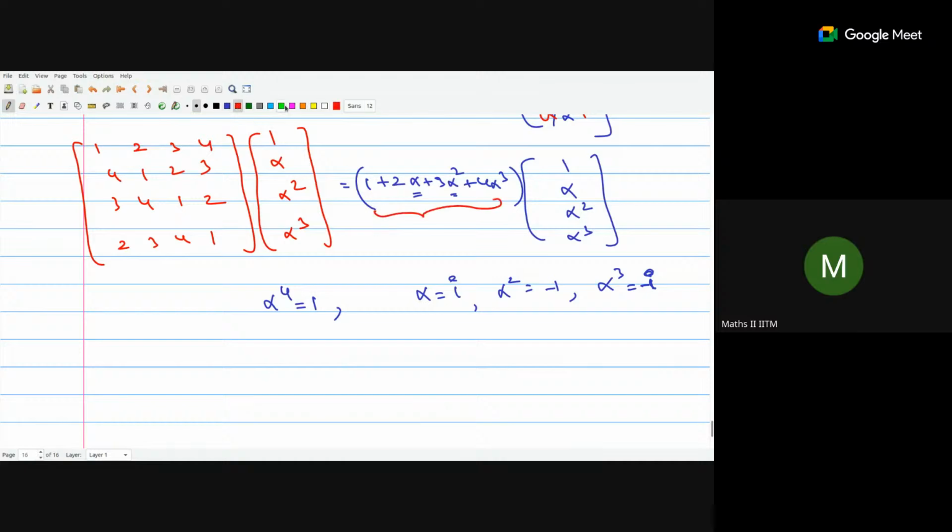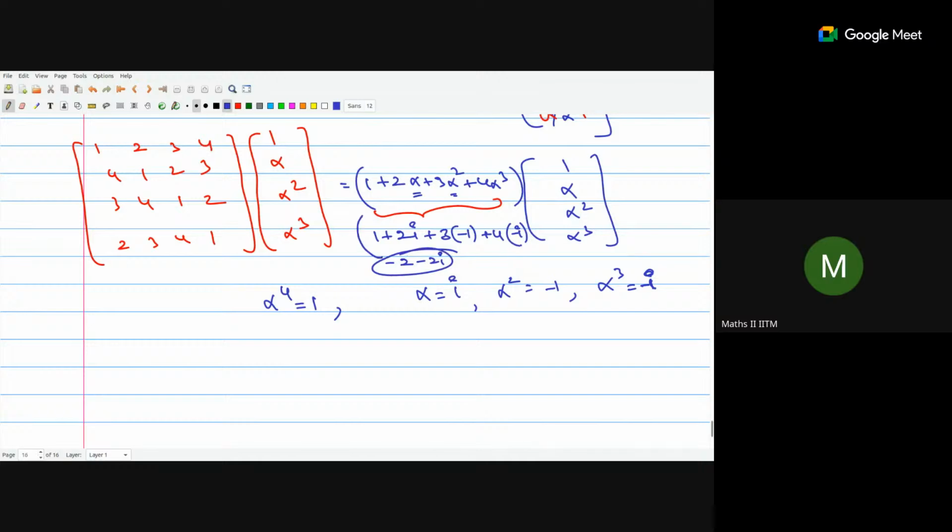So this is nothing but 1 plus 2i plus 3 times minus 1 plus 4 times minus i. So you will see that you will get minus 2 minus 2i.